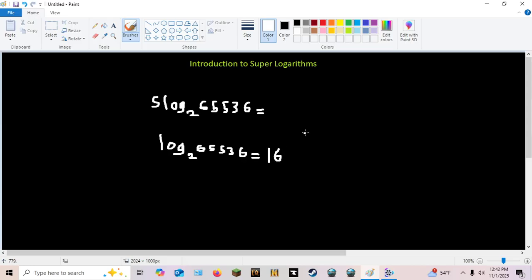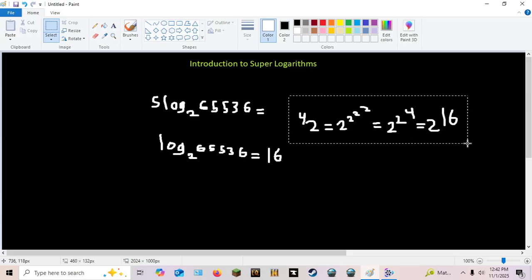So why? 2 raised to the 4 equals 2 raised to the 2 raised to the 2 raised to the 2. And then 2 squared is 4, and then 2 raised to the 4th power is 16. Yep, that's the answer, 16.